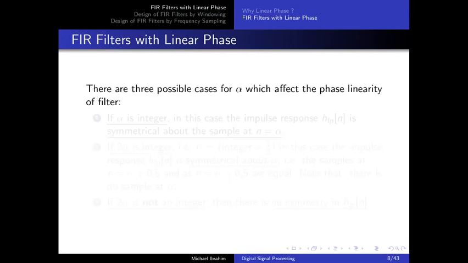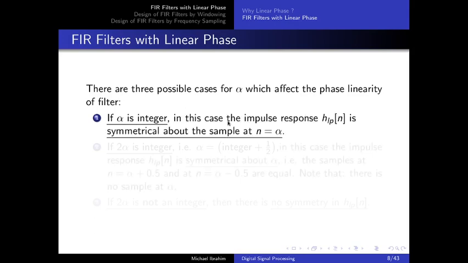So there are three possible cases for alpha which affect the phase linearity as follows. If alpha is an integer, in this case the impulse response is symmetrical around the sample at n equals alpha. So we'll be having a sample at alpha, which is an integer, and the other samples will be symmetrical around alpha.